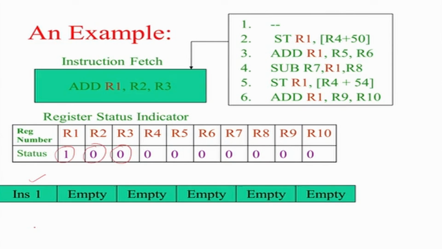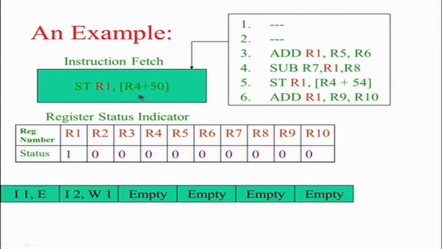Okay. Now next, all of you followed this? Very clear? No doubts? Okay. Now in the same cycle, please note it is not going to be another cycle, in the same cycle now store R1, R4 plus 50 has come, right.